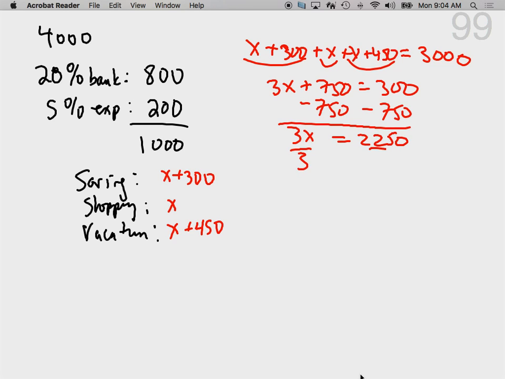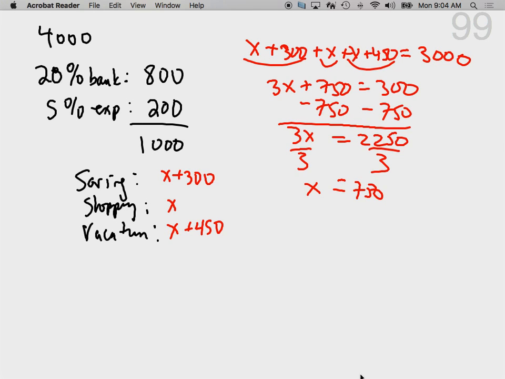Wait, are the savings the 20 and the 25? Is the money that she puts in the bank considered savings, or is savings something different? Savings is something different, because the 20 in the bank is for taxes.